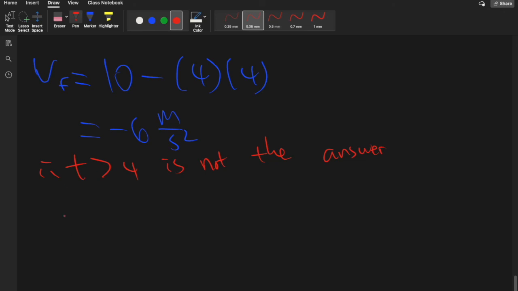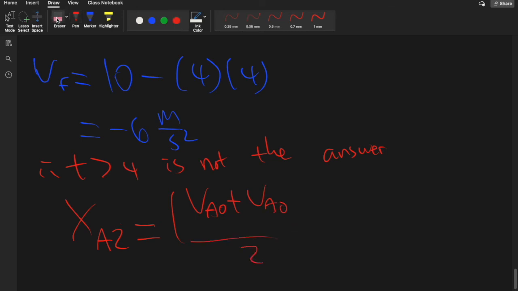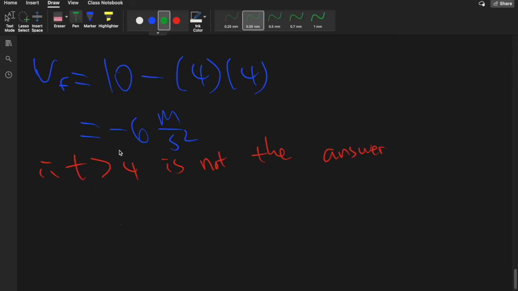To solve the problem, let's calculate the actual displacement for car A, right? So we know the initial velocity, we know the acceleration, we also know the final velocity. Actually, we cannot use this formula. So let me do this.